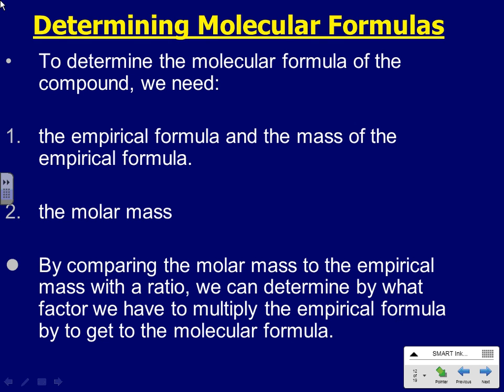In order to determine the formula of an actual molecule, we need the empirical formula and its mass, and the second thing we need is the molar mass. With those two pieces of information, we can then determine what the overall molecule is like.